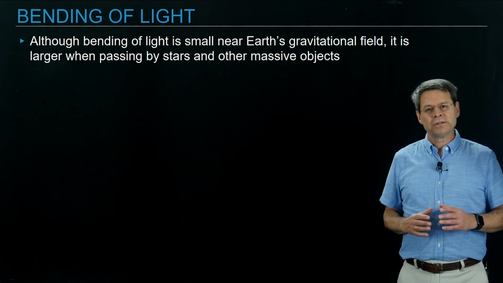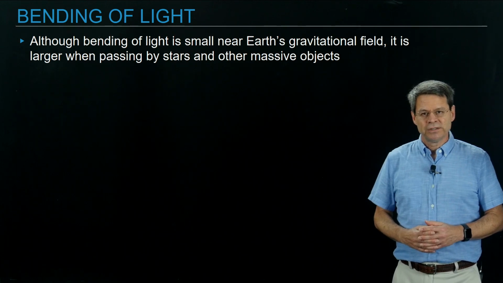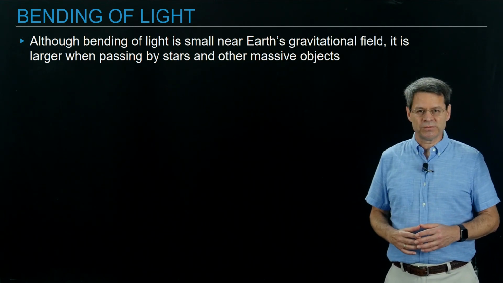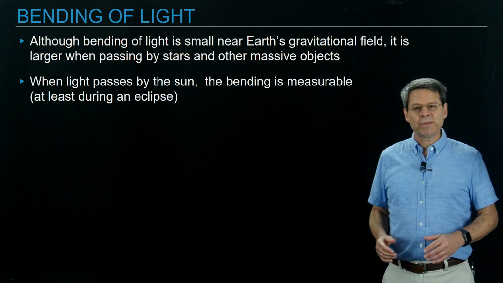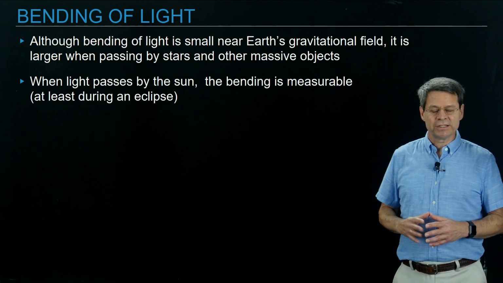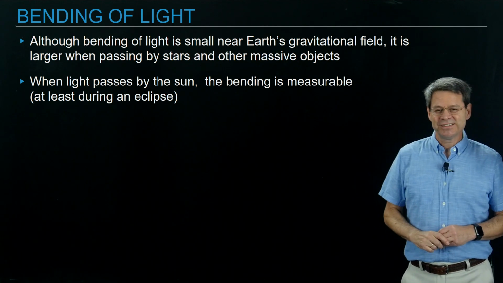So although the bending of light is small near Earth's gravitational field, it is larger when it passes by stars and other massive objects. For example, when light passes by our sun, the bending can be measurable, at least during an eclipse. We need the moon to block the light of the sun.